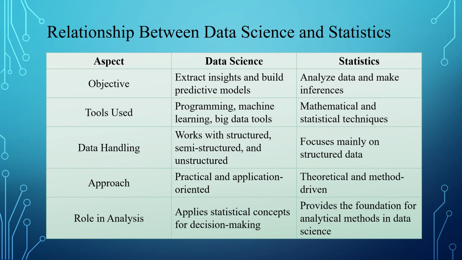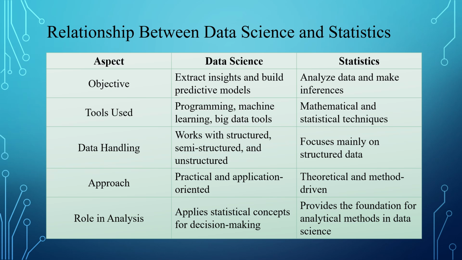This slide shows the relationship between data science and statistics. The first column lists the aspects, the second column relates to data science, and the third column represents statistics. In the first row, the objective of data science is to extract insights and build predictive models, and in statistics it is to analyze the data and make inferences.